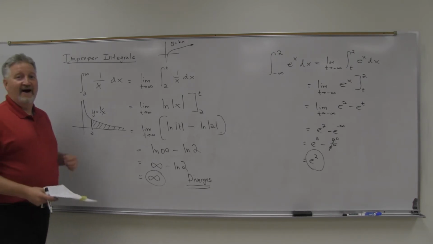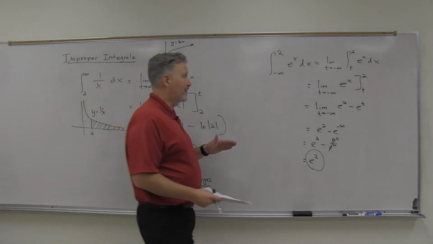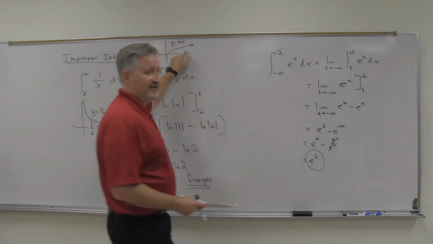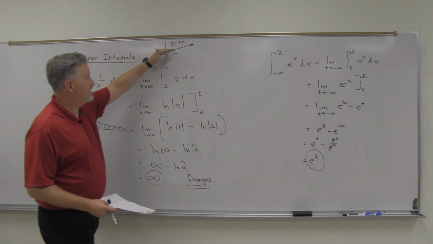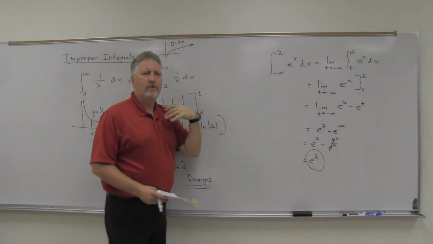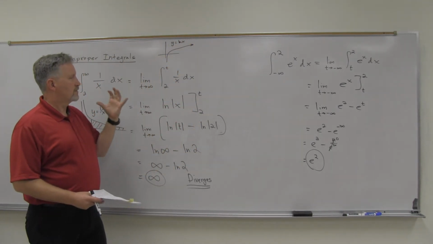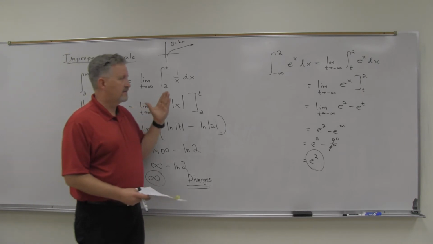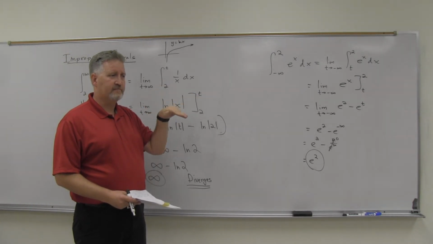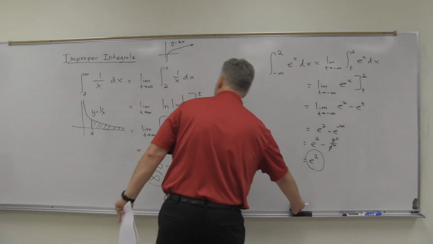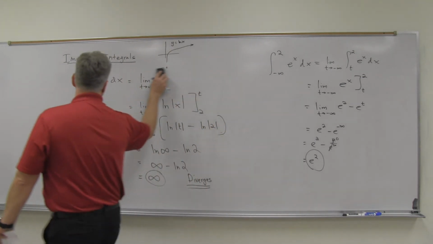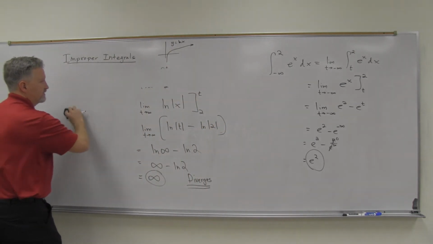I mentioned a while ago, here it is, ln of x. That just keeps creeping upward and upward. Well, one of the functions that levels off at a specific number is the inverse tangent. Remember talking about that in trig maybe?